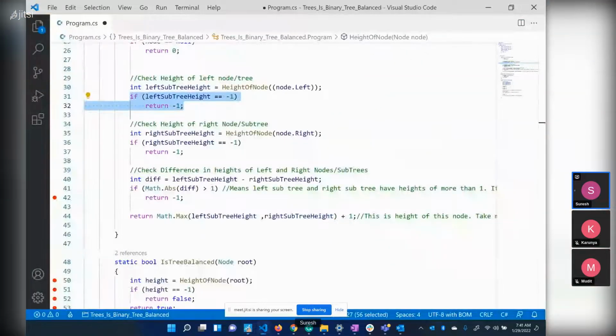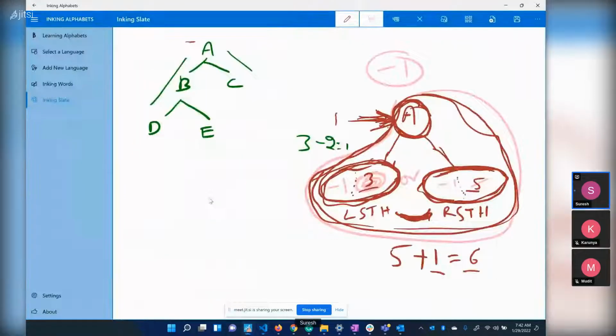So that is the condition here. When we do the -1, we will tell you how the -1 will come here. This is the logic: check the difference in heights of the left subtree and right subtree. In order to calculate the height, we don't need to do the difference or anything. We just took the maximum and added 1.